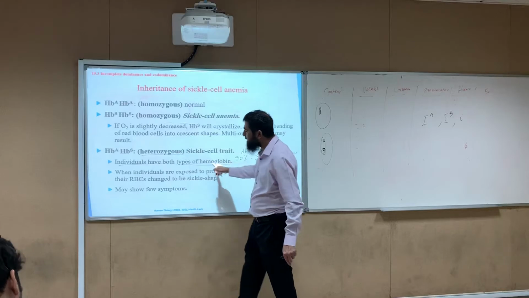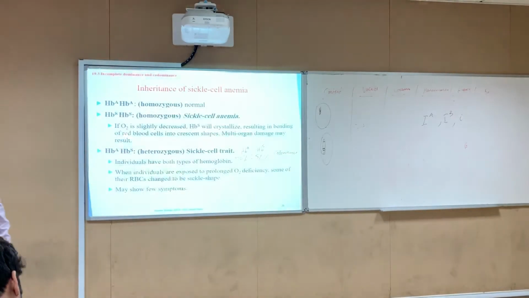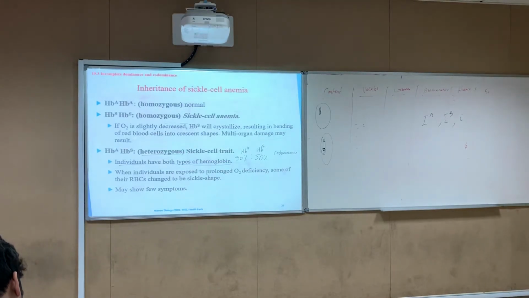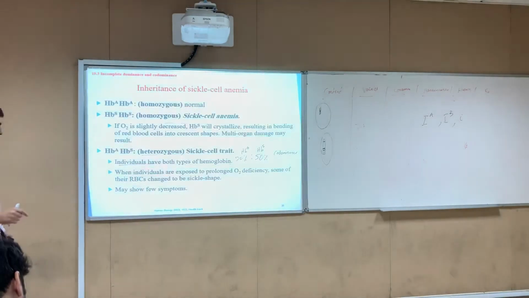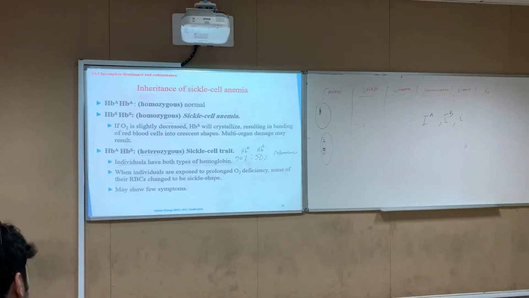In this case, when both are expressed equally, this is codominance, in terms of the expression of the protein. But in terms of the shape of the cells, we see incomplete dominance, okay?